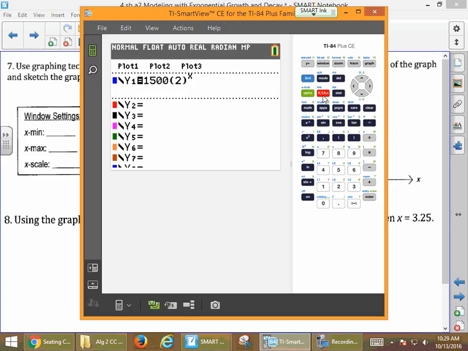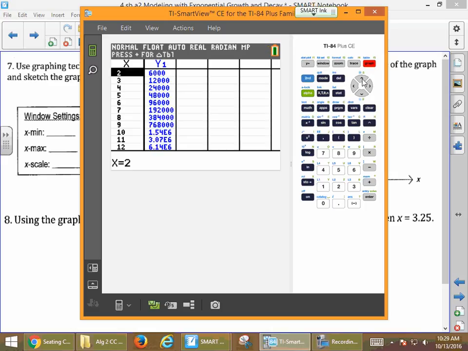And if we go to our table, like we were practicing yesterday, second in table, and look at this, look at what we get. 0, 1500, 1, 3000, 2, 6000, 3, 12,000, 4, 24,000, 5, 48,000, 6, 96,000. We get all of those values. In fact, we didn't even do the 6 on our table. But there's our values that went in the table.